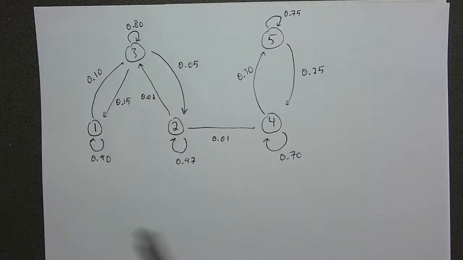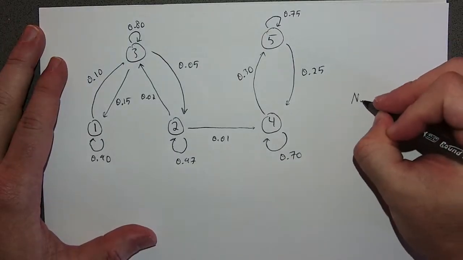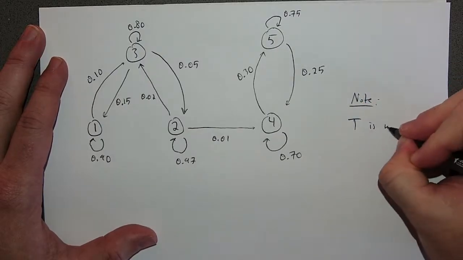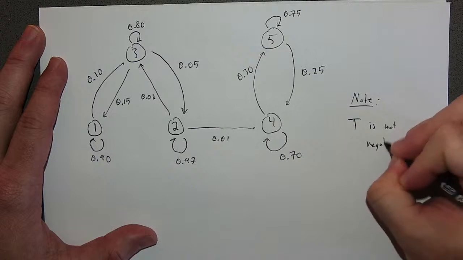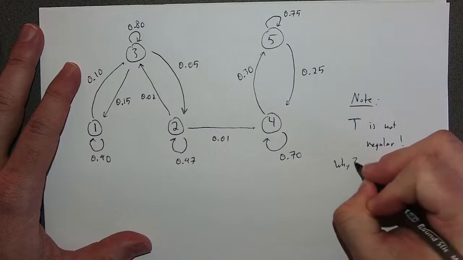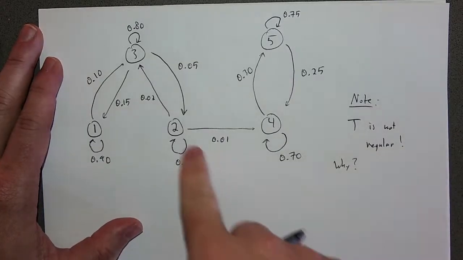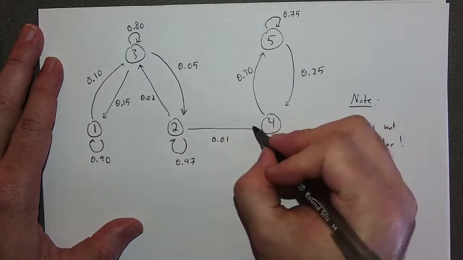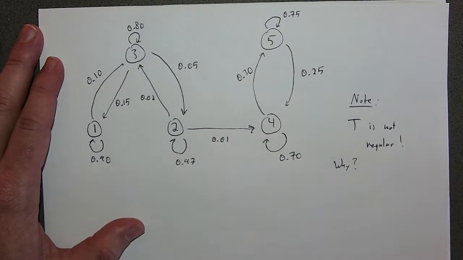Now, I'm going to say more about the transition matrix next time, but what I will say for now is the first thing you might notice before I even write it down. It is not regular. Why? Because once I move to, yes, there's a small chance of this happening, but once I move to state 4 here from 2, I can never get back.